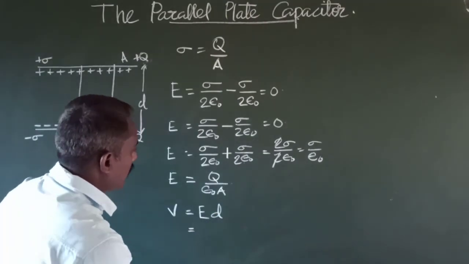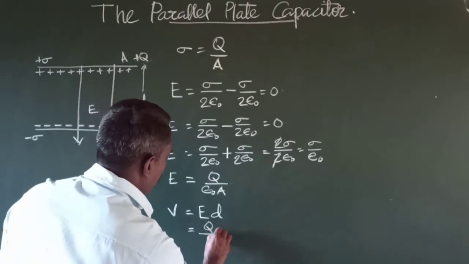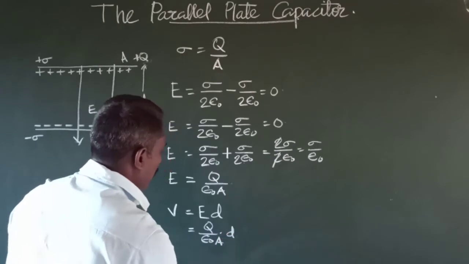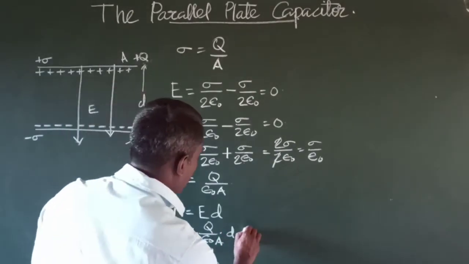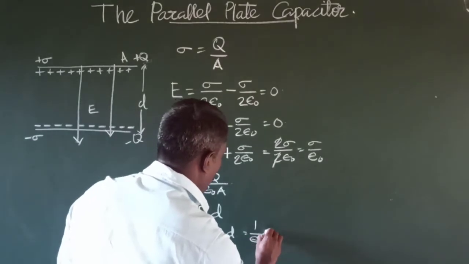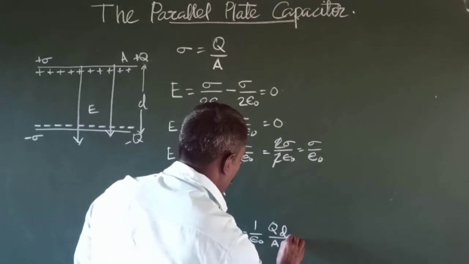The value of E we already know, that is Q divided by epsilon 0 into A, into d. So we can write it as 1 by epsilon 0 into Q divided by A into d.